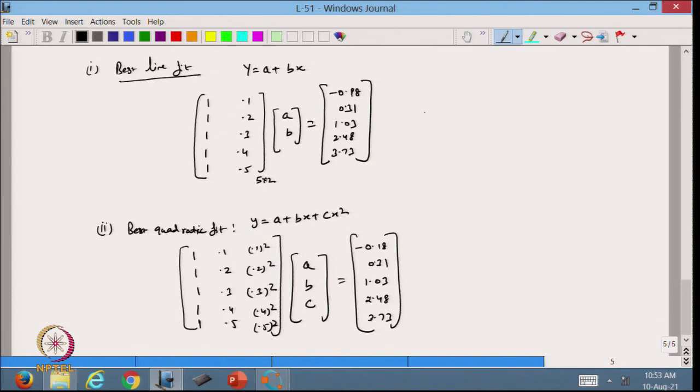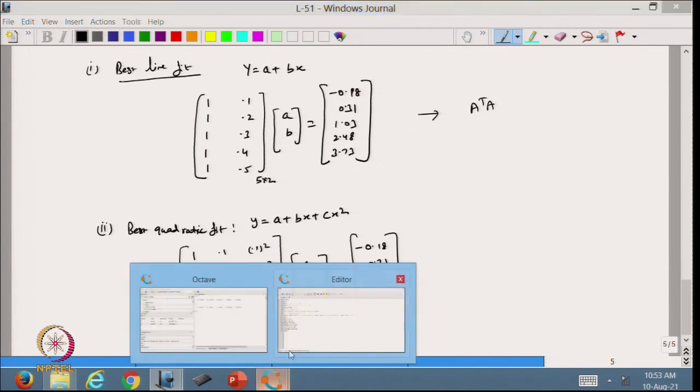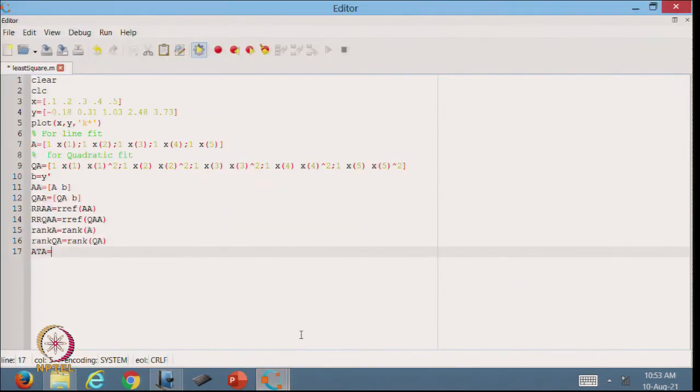So, what I am going to do here, I am just taking the matrix A, taking its transpose and then multiplying by A. So, this is the matrix I am getting, that is A transpose A.